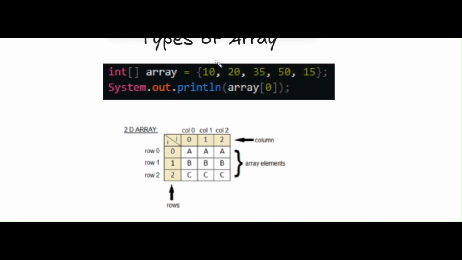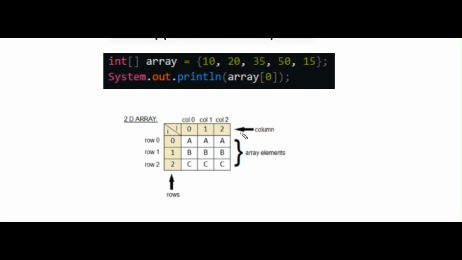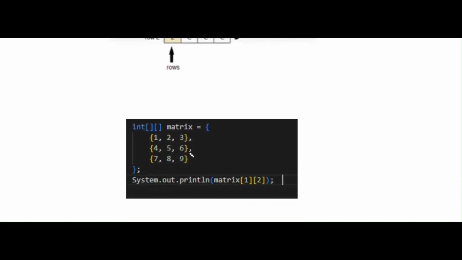Just note that indexing in Java starts with 0, then 1, 2 and so on. Here also the row indexes start with 0, 1, and the columns are column 0, column 1 and column 2. These are the array elements. So this is how we initialize the matrix, or we can say a two-dimensional array.